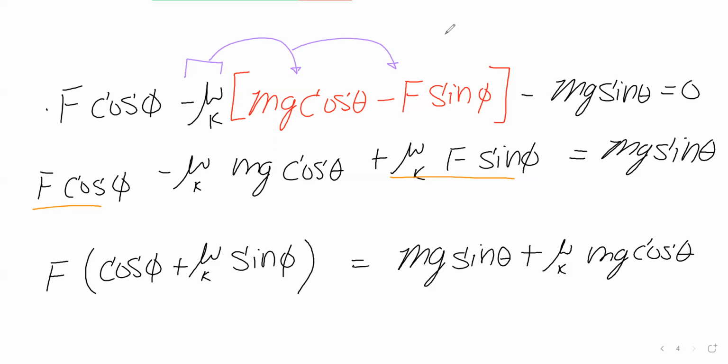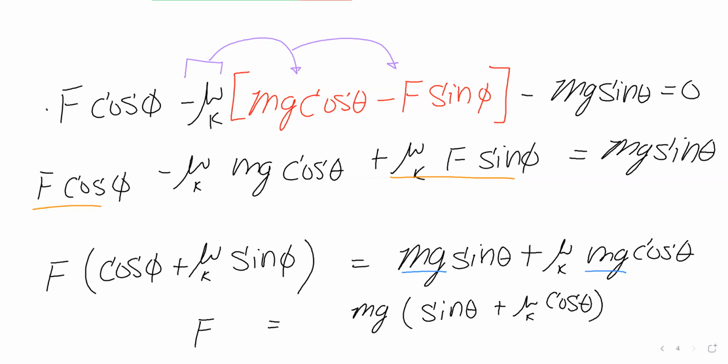And you can do one more step to save you time on the calculator. mg appears in both terms. You can factor that out as well. So we get f would be, factor out the mg, we're left with sine theta plus mu cosine theta, divided by everything in the parentheses.